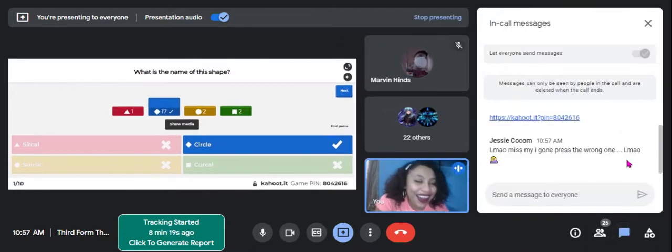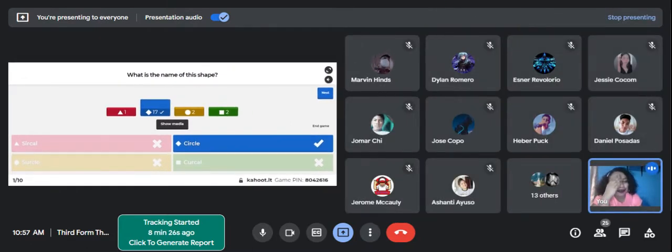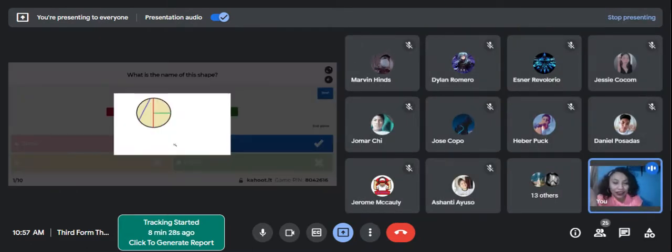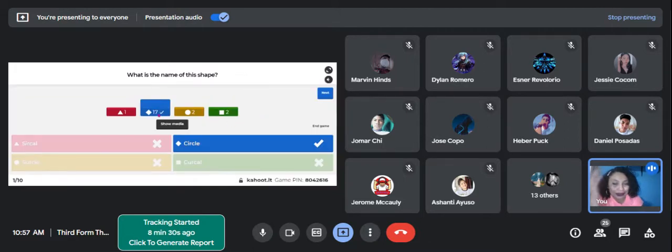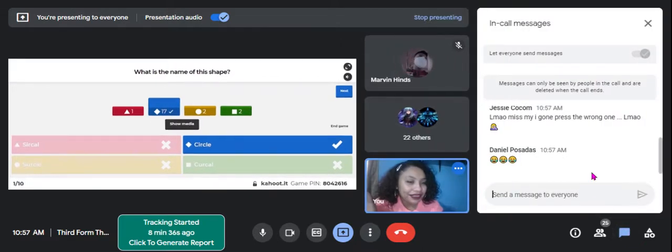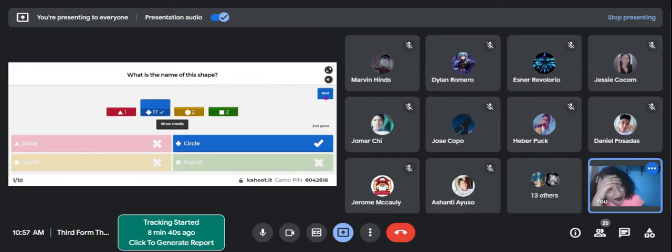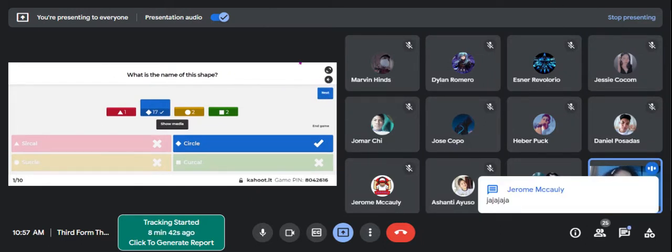How do you get that one wrong, guys? It's a circle. Unless you do not know how to spell circle, because I think that would be the only way you guys would not be able to get this question correct. Okay. Let's move to the other one.